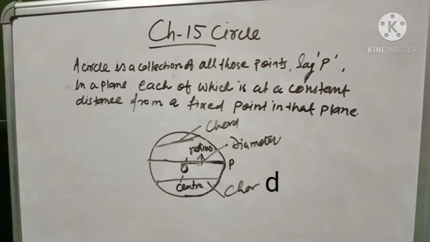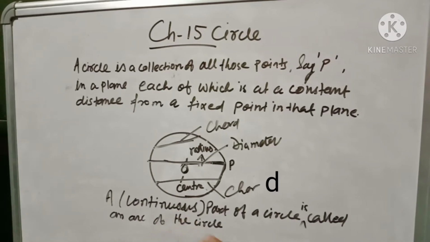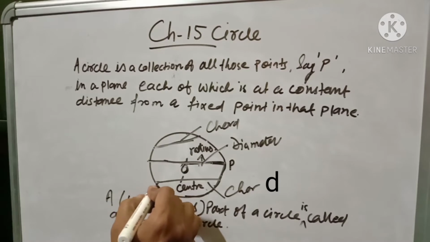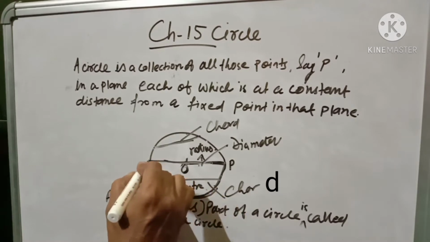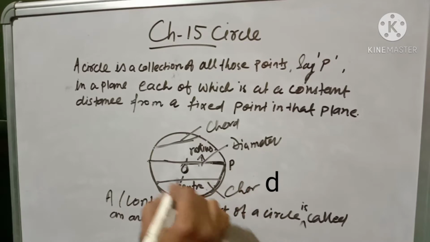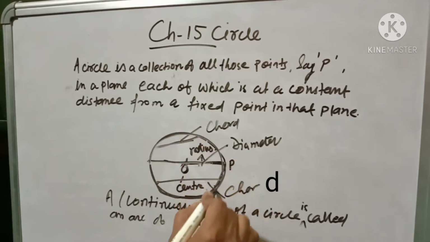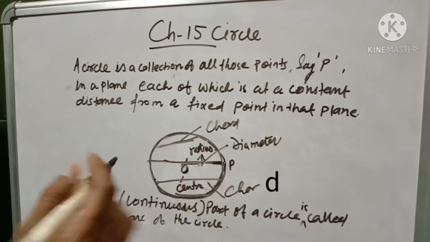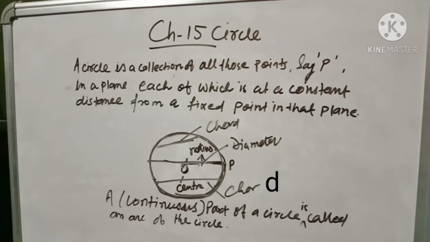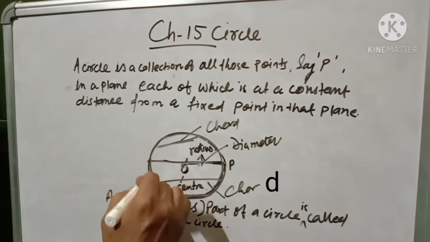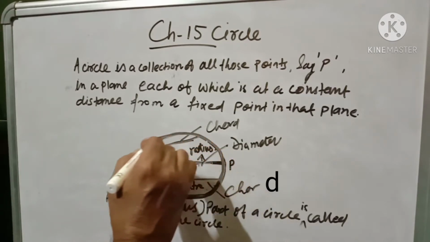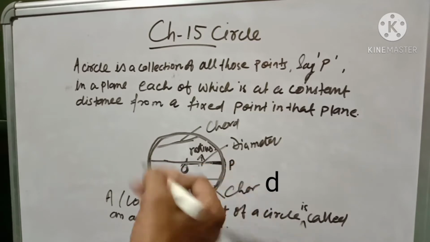A part of a circle is called an arc of the circle. See, this is an arc, this is a semicircle, half of the circle, this is also an arc. The full circle is also an arc, but a complete arc. A continuous part of a circle is called an arc of the circle. The whole arc of a circle is called the circumference of the circle.